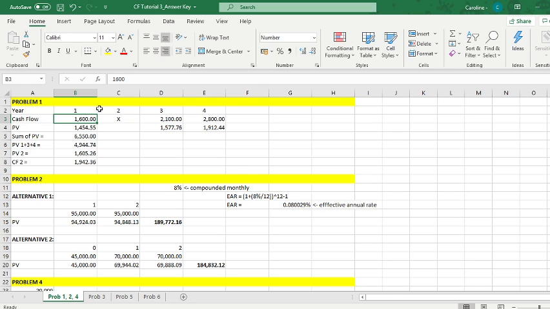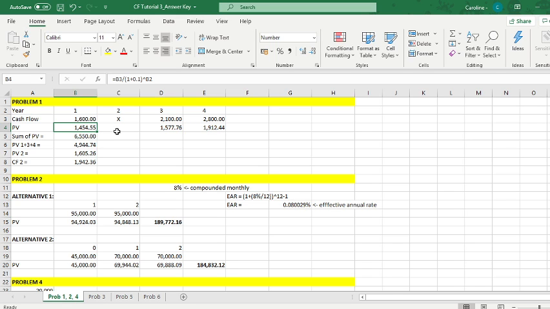So for year 1, how to find the cash flow? You can use the present value of the single cash flow, okay? So the cash flow that you are going to receive is divided by 1 plus the interest rate to the power of the period itself, which in this case is 1, because you are going to present value the first year cash flow.